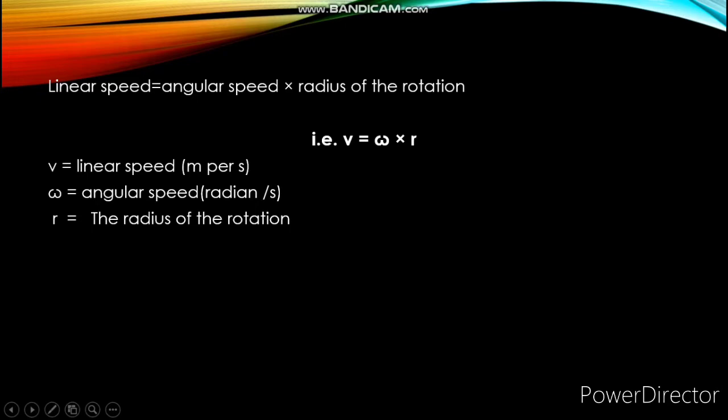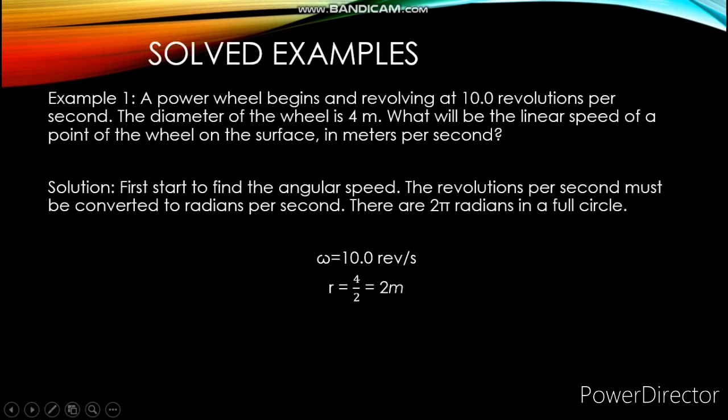I have some examples so that you can understand how to compute linear speed. Here is the example. A power wheel begins revolving at 10 revolutions per second.